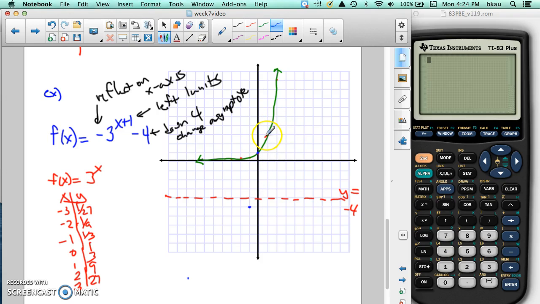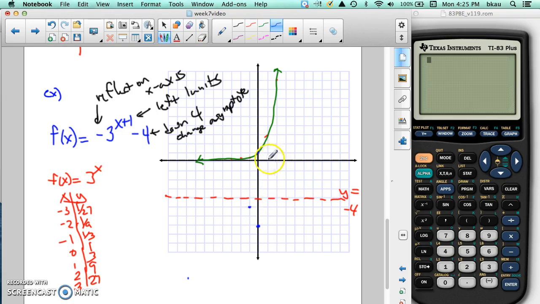Now let's take this point. It reflects first. So 1, 2, 3. It goes to here on the reflection. Then it moves left 1 unit and down 4. So it goes to there.